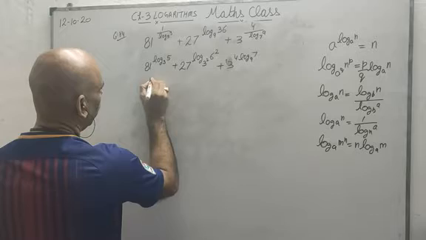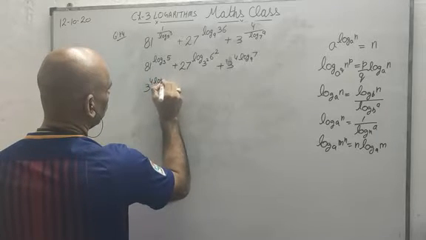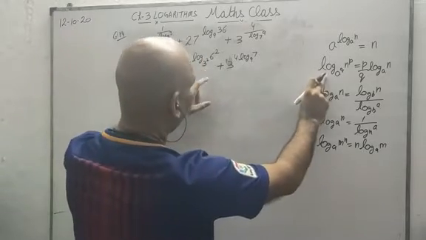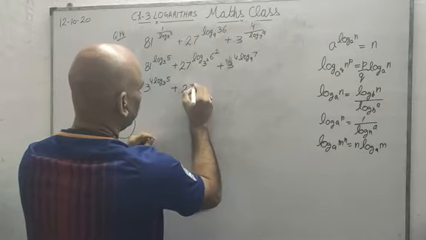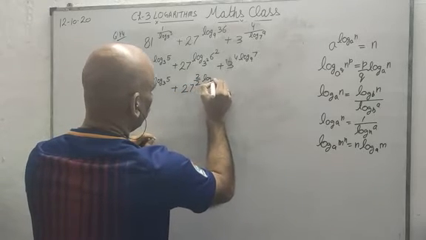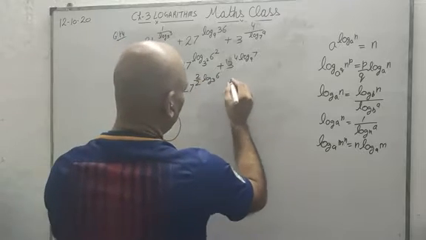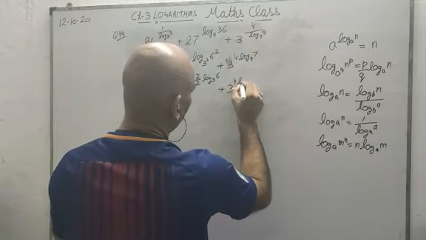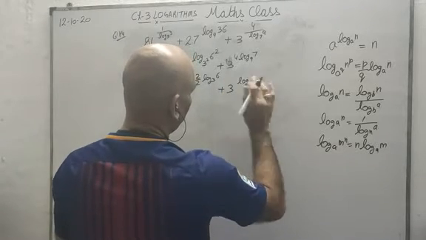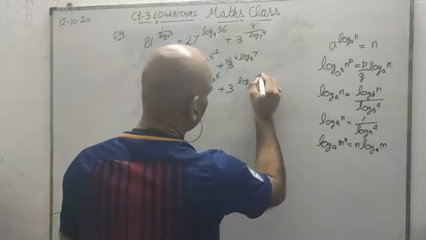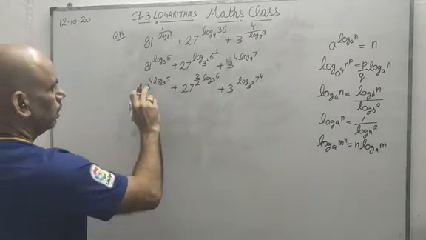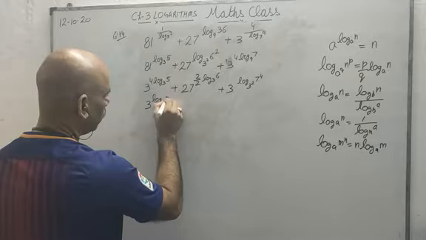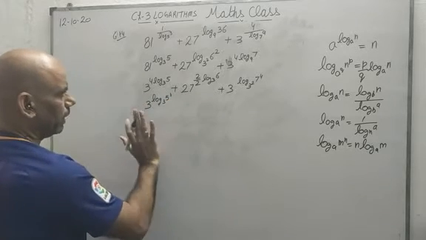So 3 to the power 4 log 3 base 5 plus, according to this law, it will be written as 27 to the power 2 upon 2 log 6 base 3, and I will write 7 to the power 4, 3 square, 7 to the power 5. This 4 will go as a power, so it will be 3 log 5 to the power 4 base 3. This is complete.